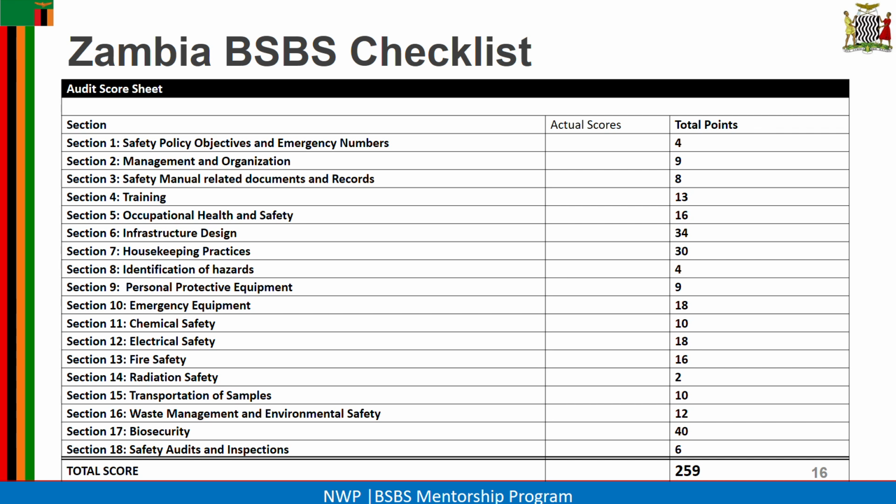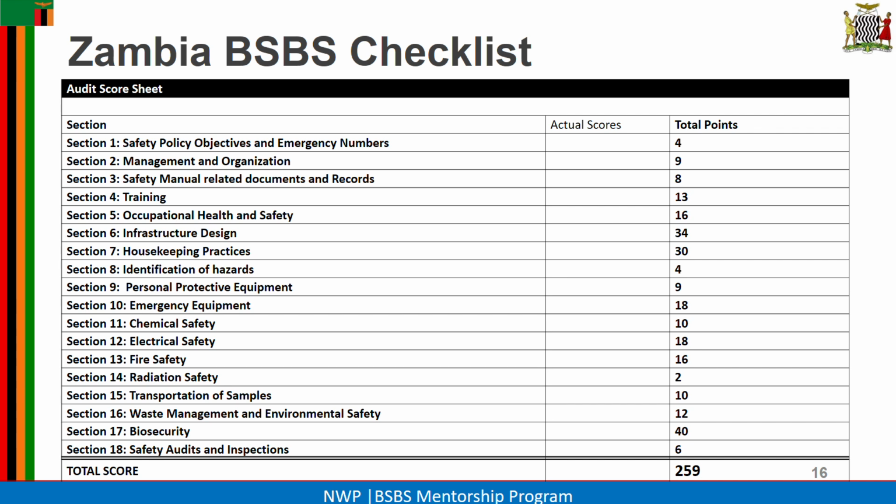This checklist will look at almost all the key areas that you need to implement your biosafety and biosecurity management system. Not only that, it will also look at other areas such as your chemical safety, your electrical safety, as well as your fire safety and radiation safety.